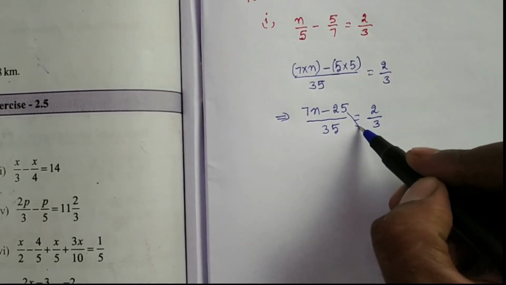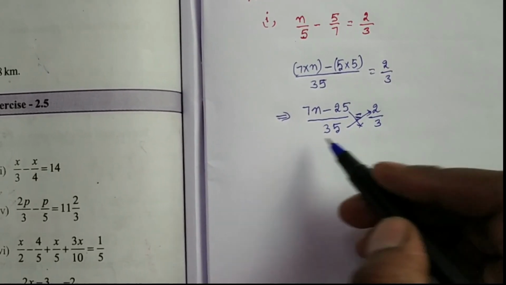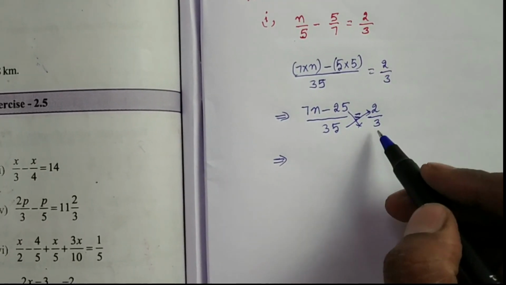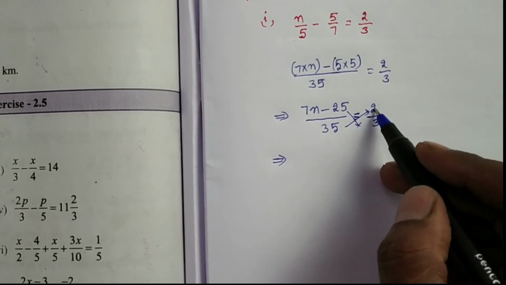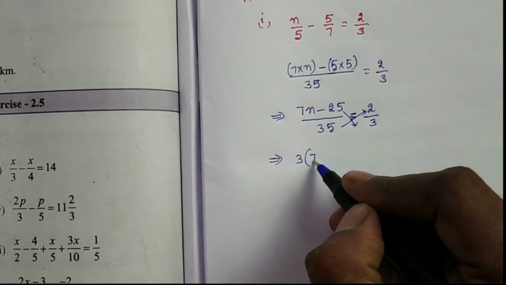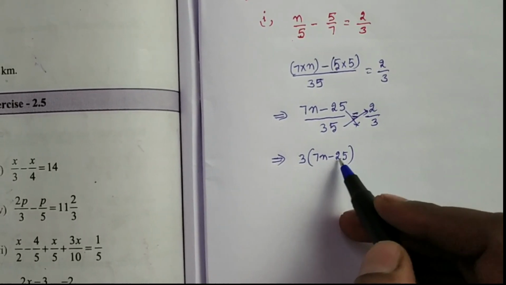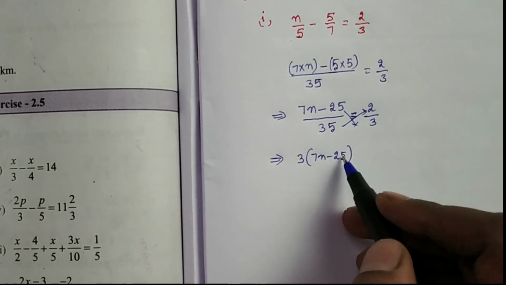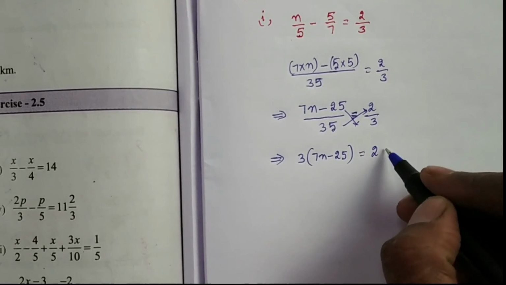Using cross multiplication. Cross multiplication means multiply 7n minus 25 by 3 and multiply 2 by 35. That is 3 into 7n minus 25 is equal to 2 into 35.